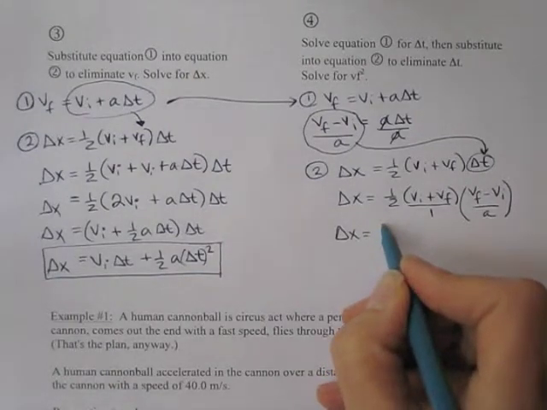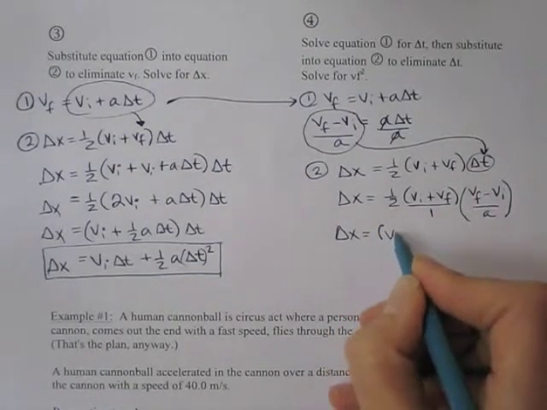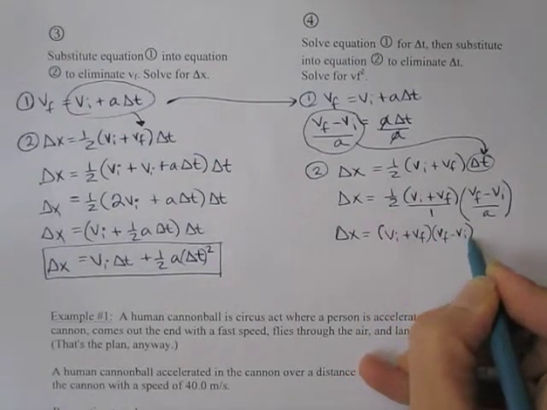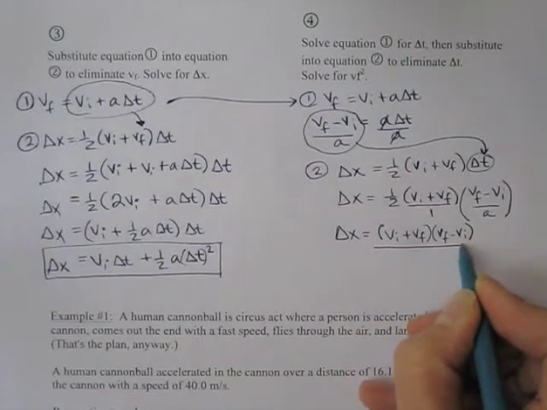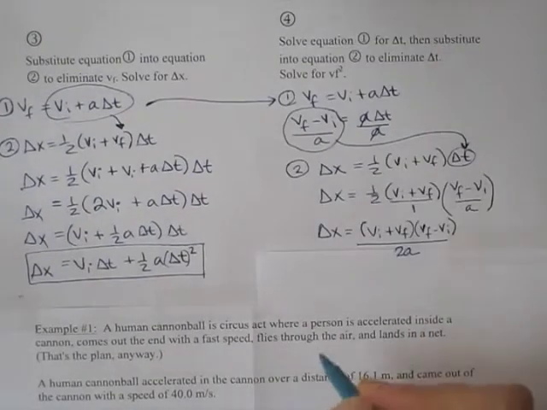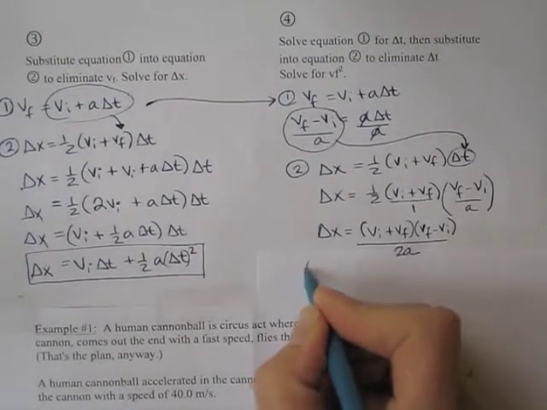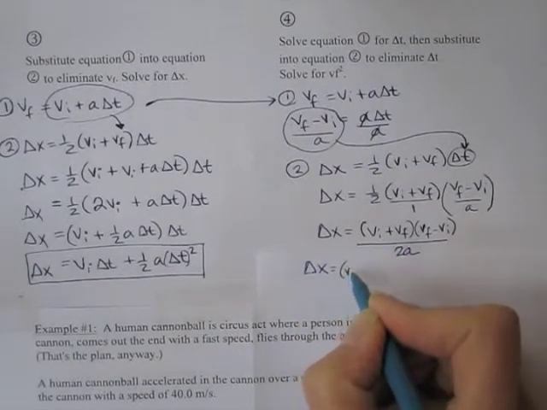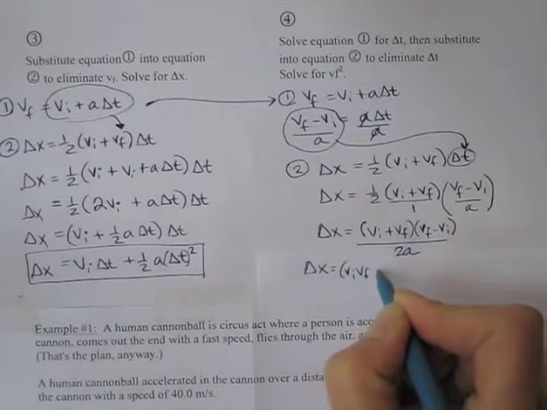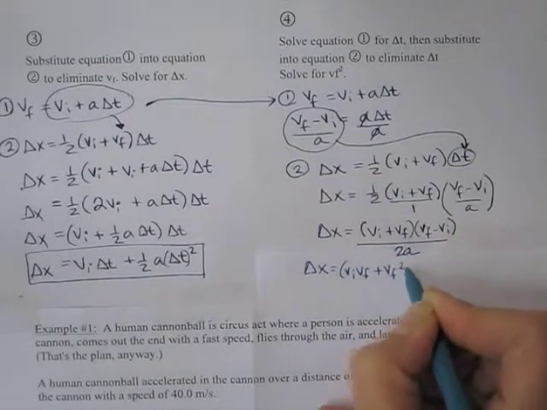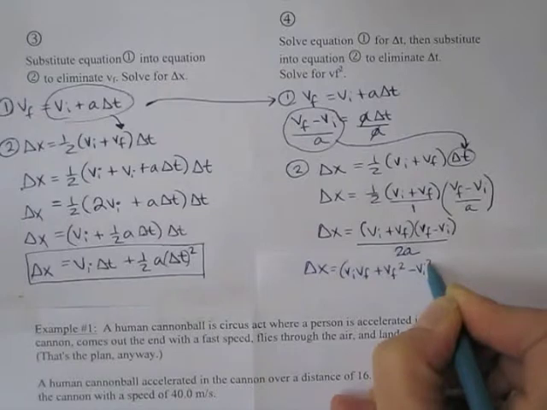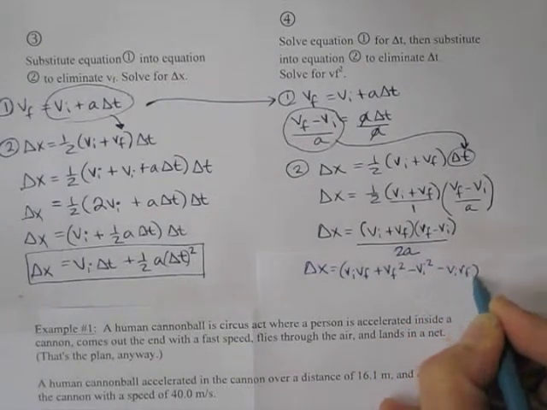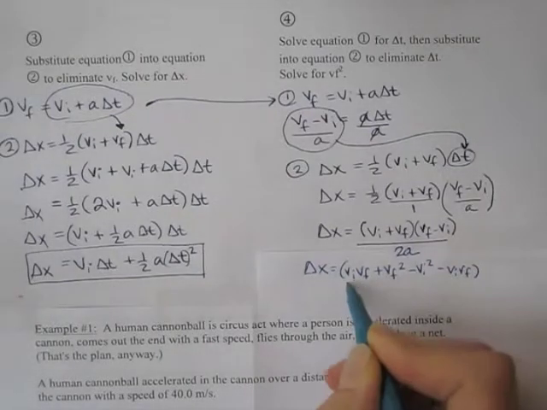So on top, I have vi plus vf times vf minus vi over 2a. So now I'm going to multiply out the top. So that gives me vi vf plus vf squared minus vi squared minus vi vf all over 2a.